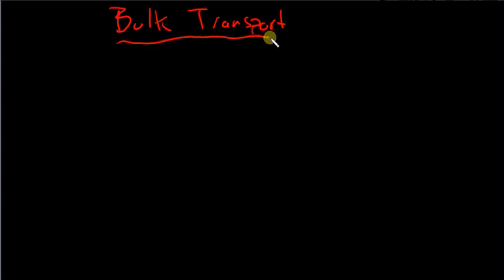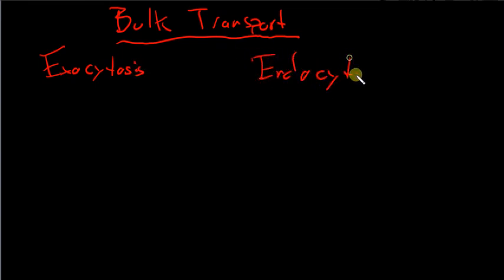The last thing that we're going to talk about today is called bulk transport. So, moving more than just a few molecules at a time, but a large amount of stuff at once. And we do that in two ways: exocytosis and endocytosis.